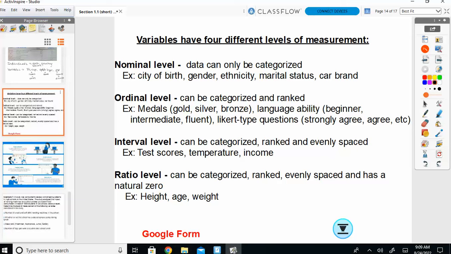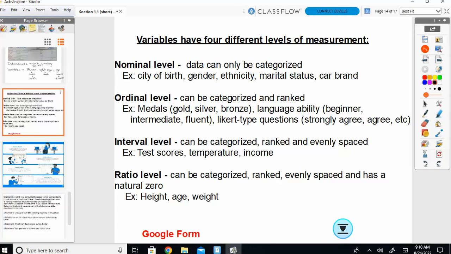Okay, so the next step, if it's ordinal, we have to check, can it be interval? So it's still categorized, it's still ranked, but I add an extra step, evenly spaced. If I'm talking about class officers, does it make any sense to say there's the same amount of space between president and vice president as vice president and secretary? No, that has no meaning whatsoever.